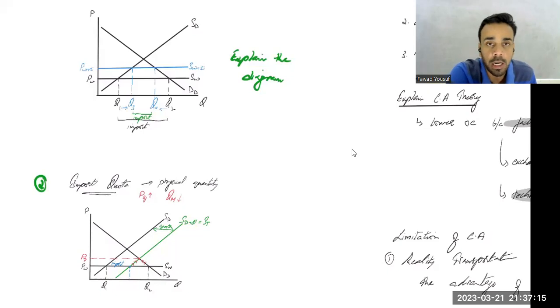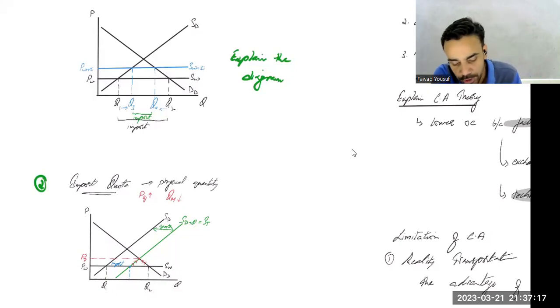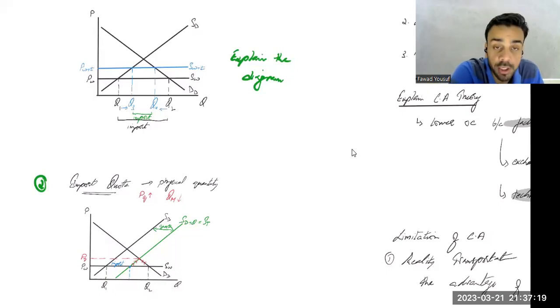Okay. As far as import duties are concerned, there are certain good things about it. You put a bit of tariff, but the good thing is the government gets money. That government can use that money for whatever reason, merit goods, public goods, educating people, healthcare, helping industries be more competitive, and so on.